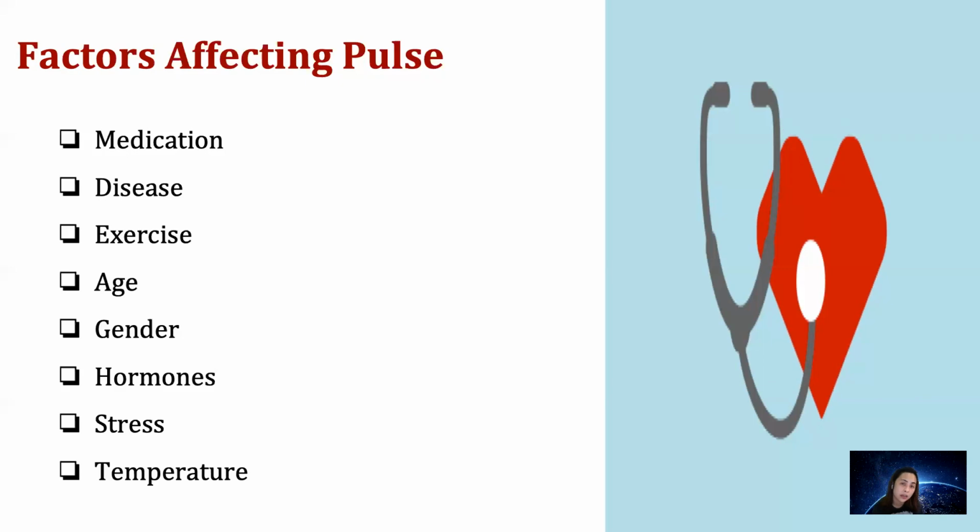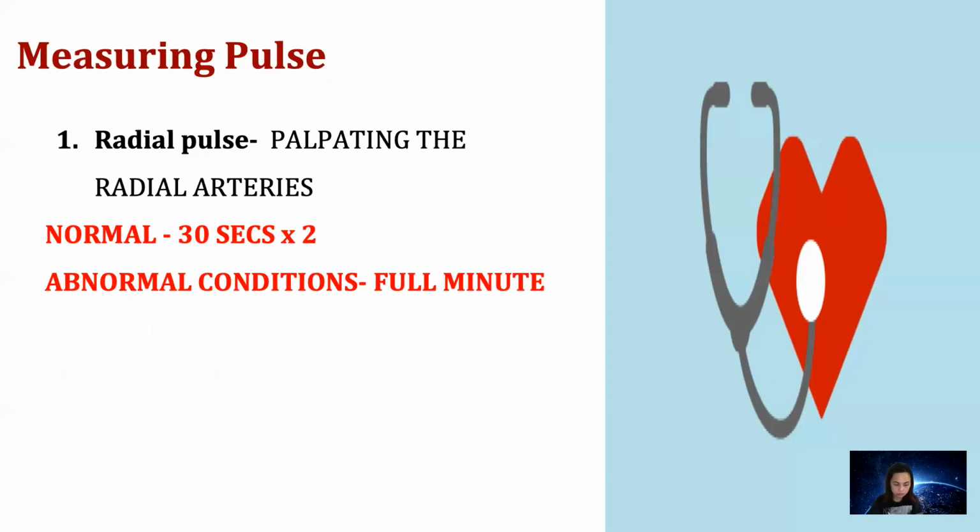Kung meron kang mga hormonal changes, mapapansin mo, nagkakaroon ka ng palpitations, kaya nakakaapekto ang hormones sa pulse. Then, stress, pag mas stress ka, mas mataas ang pulse rate mo. Pag relax ka lang, mas normal ang pulse rate mo. And temperature, makikita nyo yan, pag meron kang fever, mas mataas ang temperature mo, nag-a-affect sa pulse, mas tumataas din siya. So, they are directly proportional.